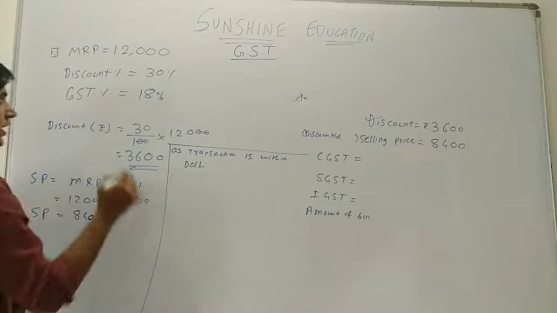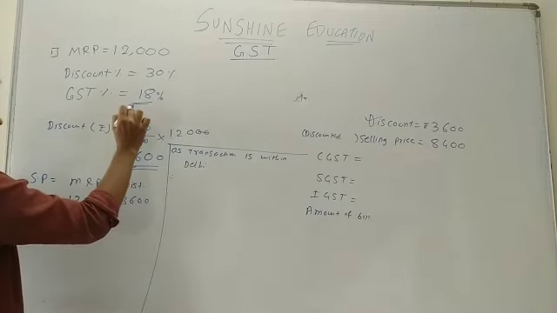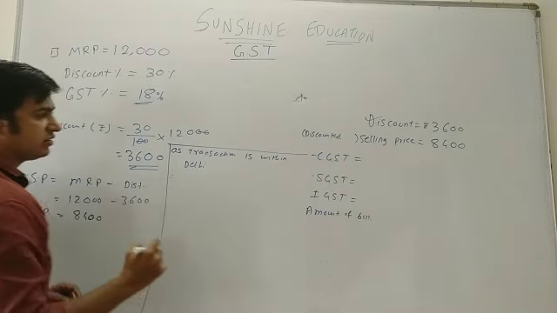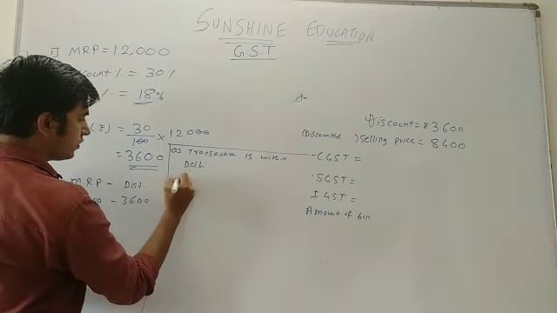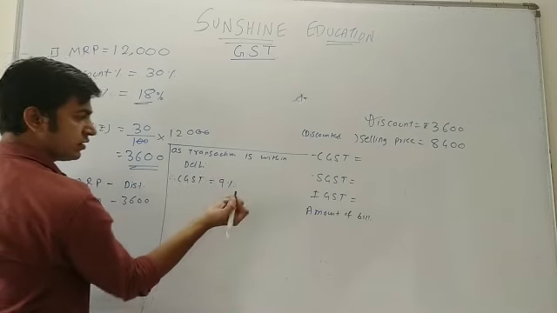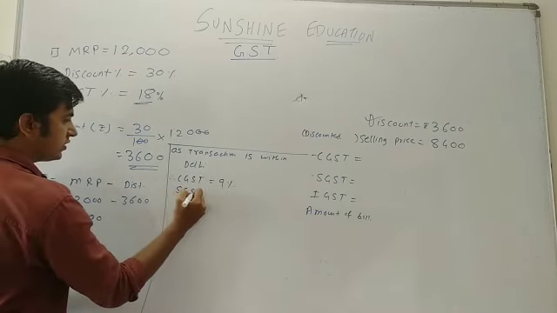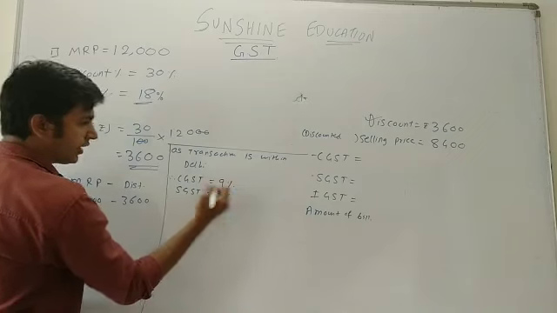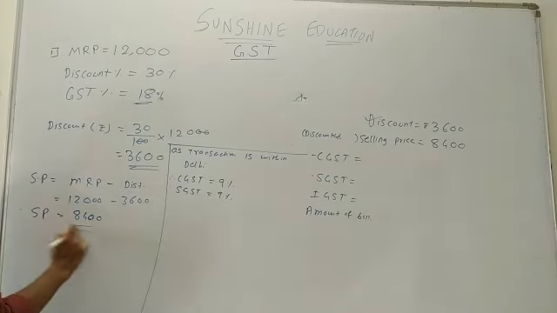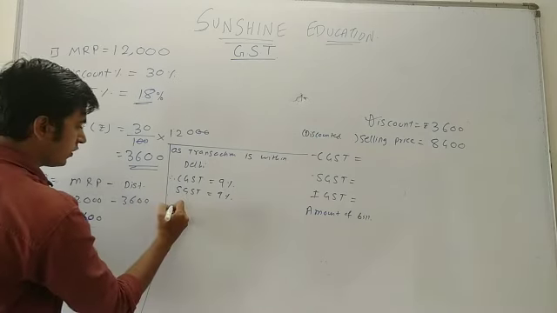whatever the GST is, it will be divided into two parts. Half will go to CGST and half to SGST. Therefore, CGST will be 9% and SGST will be 9%. 9% of what? 9% of the selling price.